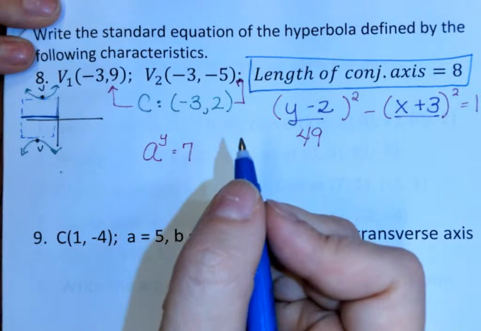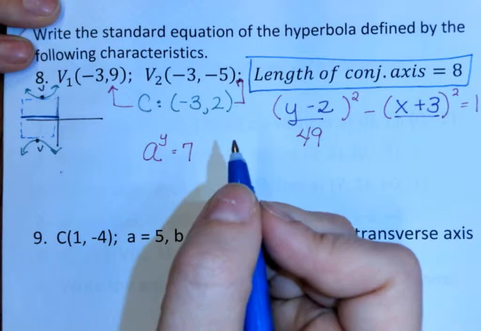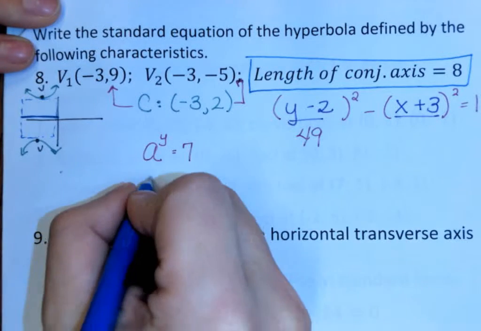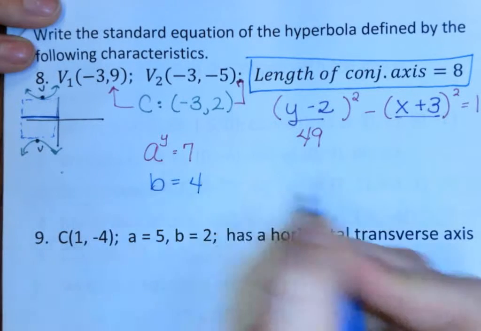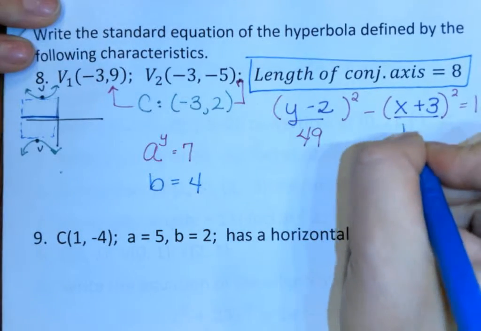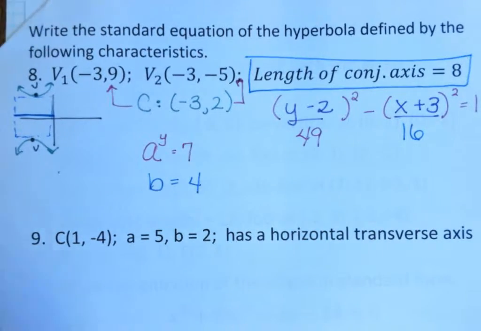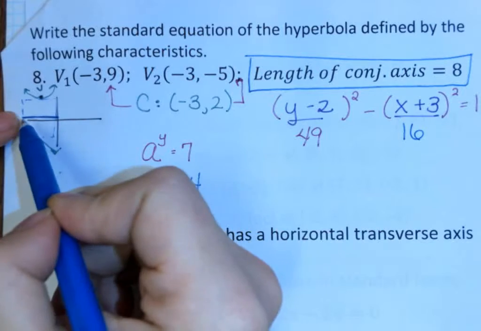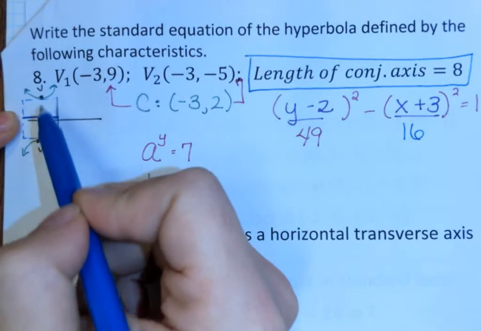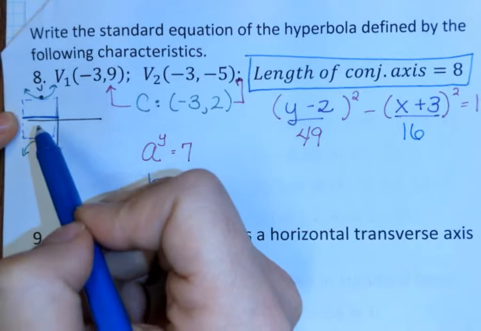And if that is 8, am I going to find B or C? B. What is B? 4. So do I need to find C? No. Nope. What goes here? 16. So when we're looking at this, the conjugate axis is the one that goes the direction it doesn't open. Transverse, the direction it does open.